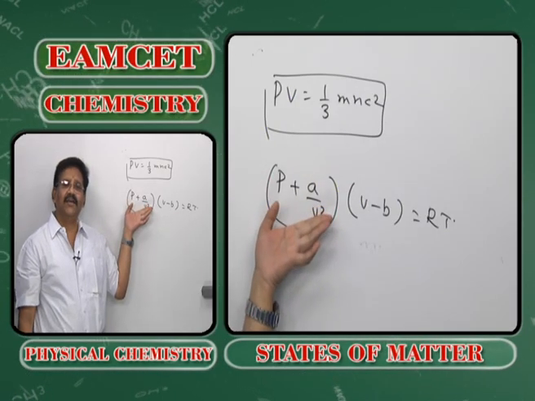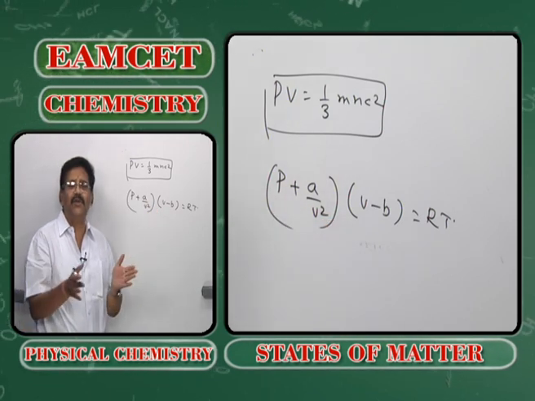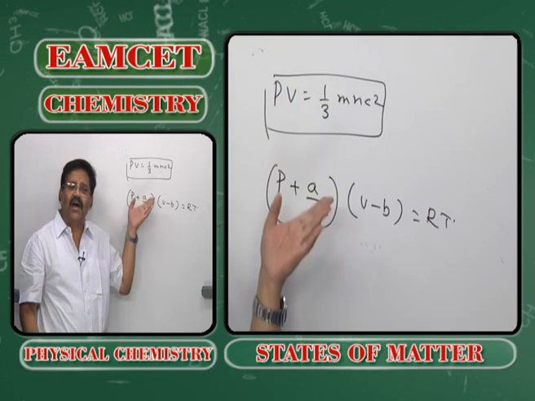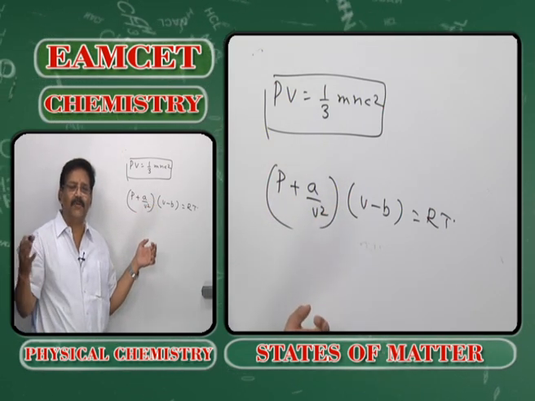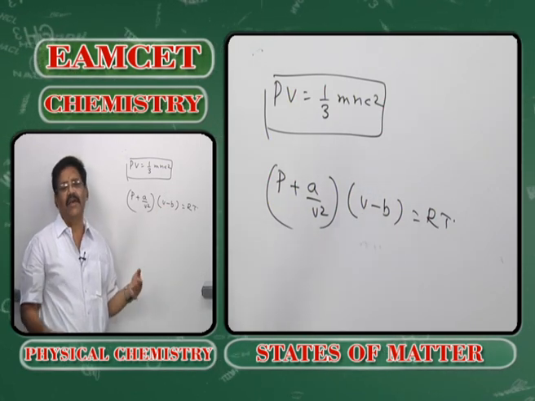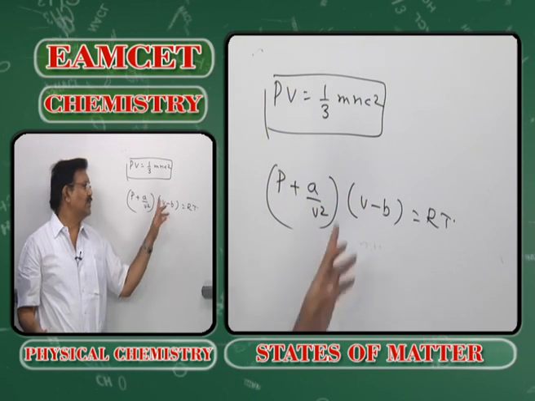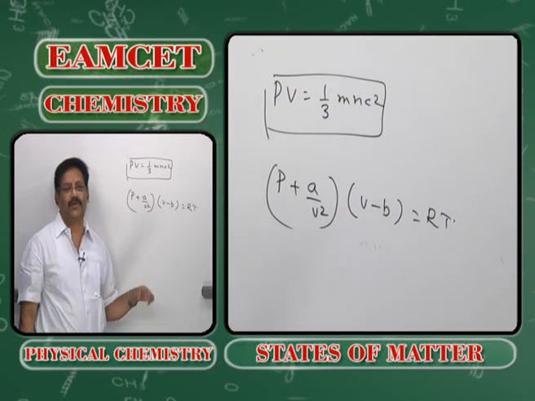What does a signify? a signifies the intermolecular force of attraction. Higher the value of a, stronger will be the intermolecular force of attraction. What does b stand for? Excluded volume. Larger the value of b, larger the size of the gaseous molecule.